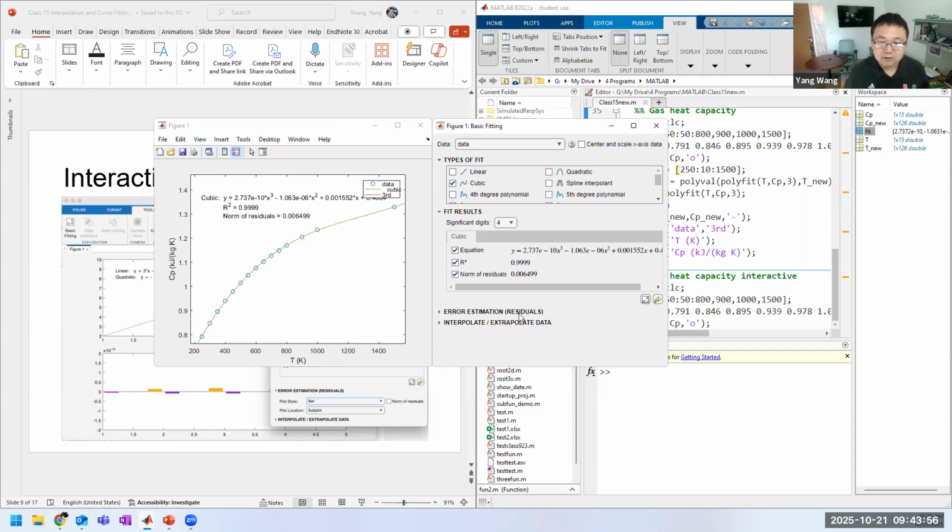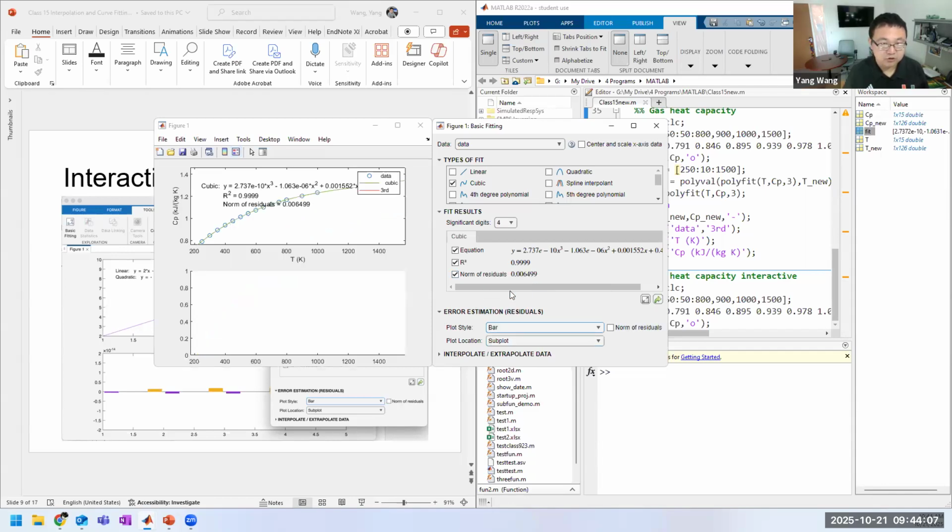An interesting feature for this interactive curve fitting tool is that you could also show the error. You can show that as a bar plot. This shows you the residuals, which is basically the difference between the data and the line. Here is the third order polynomial.